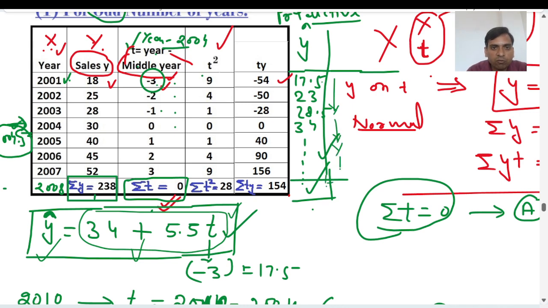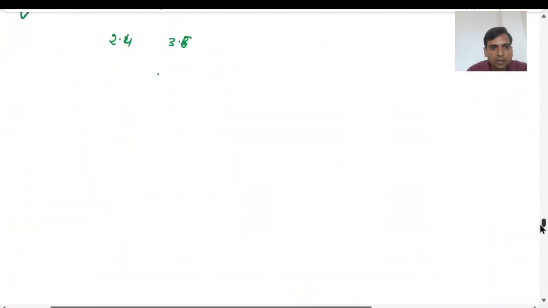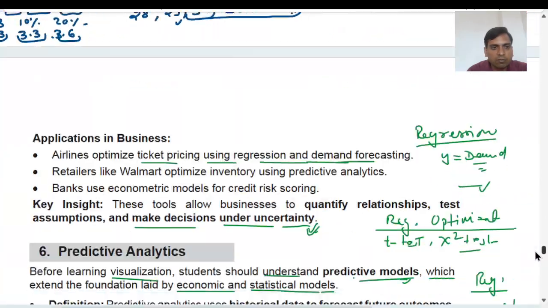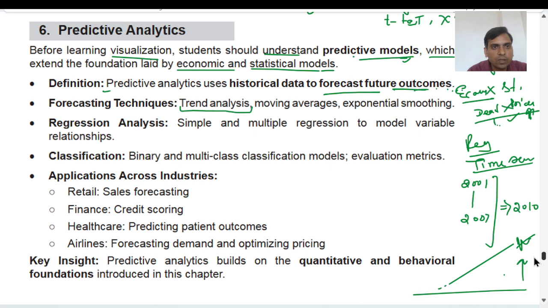So simply we can say that in 2010 the value will definitely increase. So this is trend analysis, or finding trend, or we can also say a future forecasting technique.